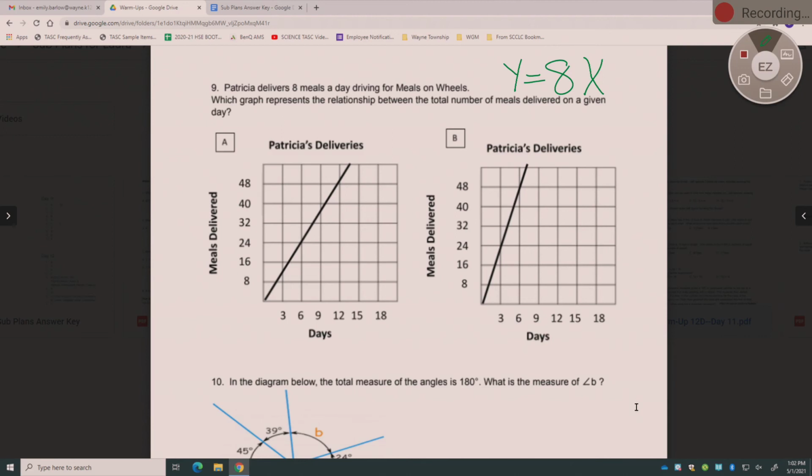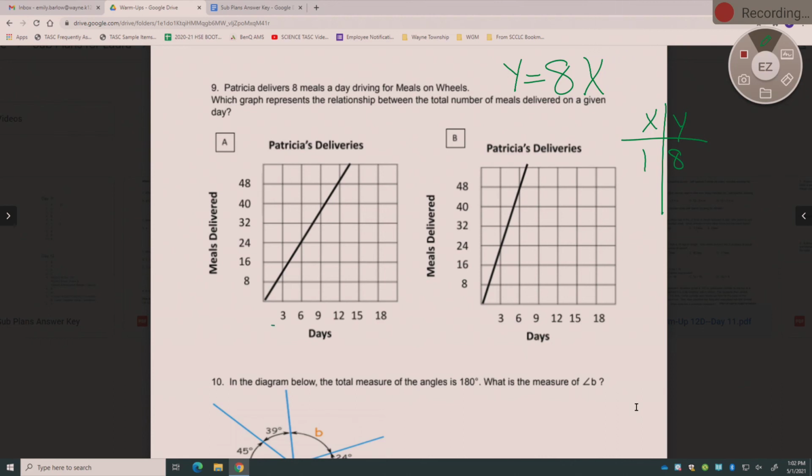So if I create a table, on her first day, she has delivered 8 meals, right?